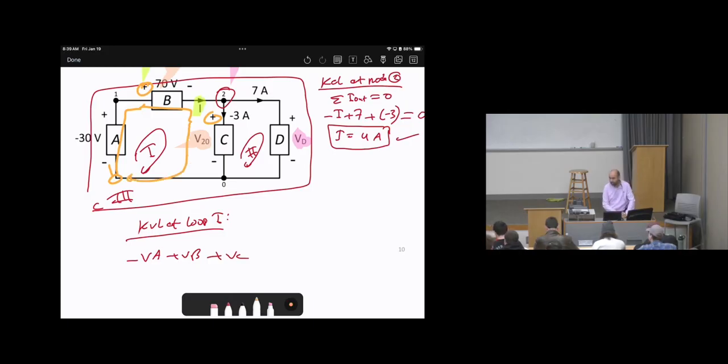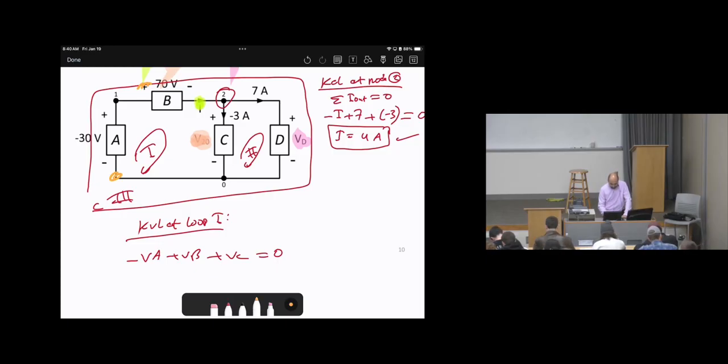This is the end, so it equals 0. So negative VA plus VB plus VC equals 0, that's our KVL, because we start from the left bottom corner and travel clockwise.